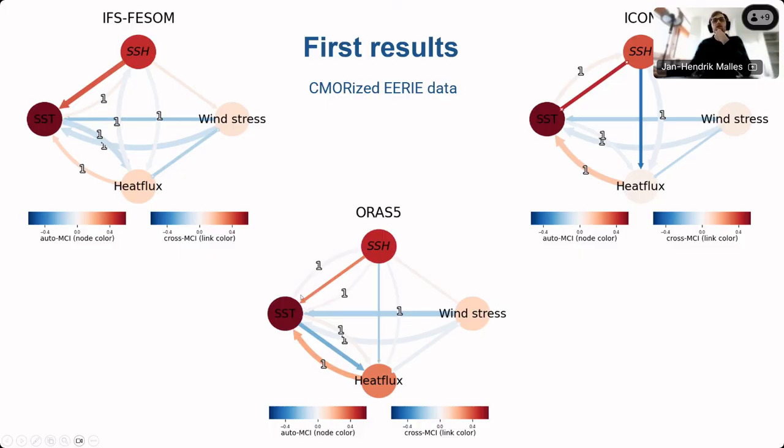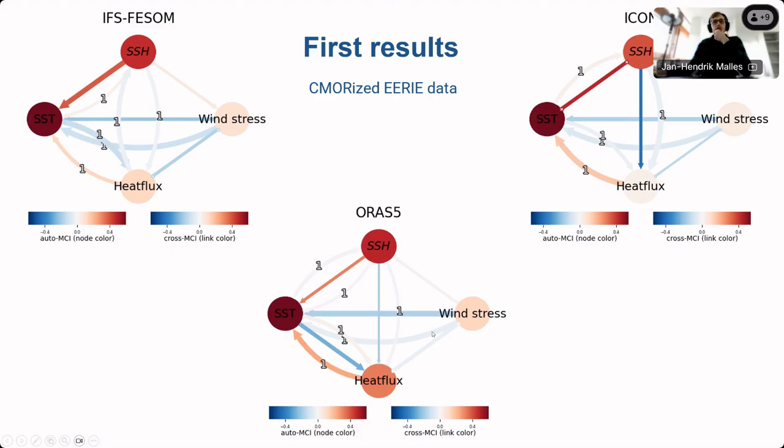So here we have this quite strong connection between sea surface height influencing sea surface temperature. And for the heat flux, we have the sea surface temperature actually having a negative contemporaneous influence on the heat flux in this system, and the SSH has a negative influence on the heat flux.